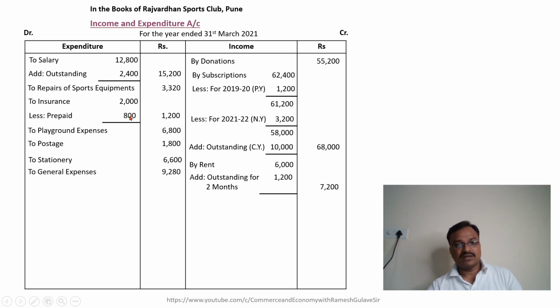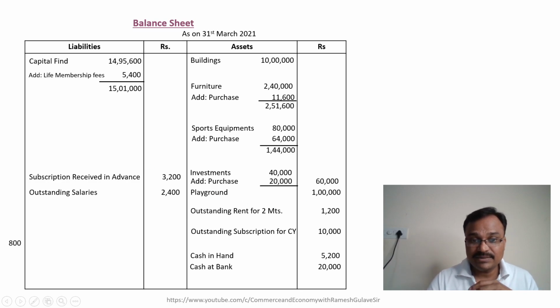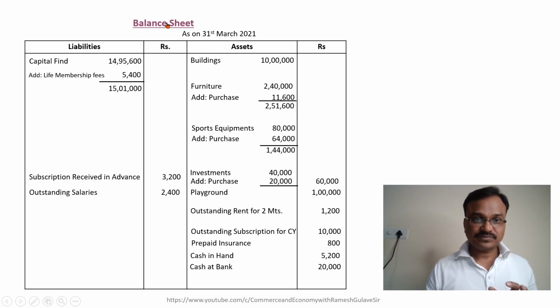So 2,000 less 800, 1,200 in our outer column, and we have to give the effect for this 800 on the asset side, because we have paid insurance worth rupees 800 in advance. It means the expense is prepaid. So prepaid expense is an asset. So we have to record this prepaid insurance on the asset side as prepaid insurance 800 rupees, right?